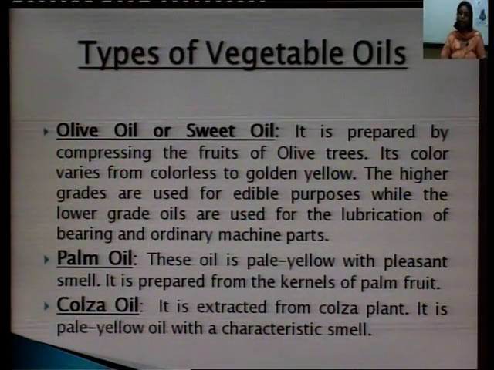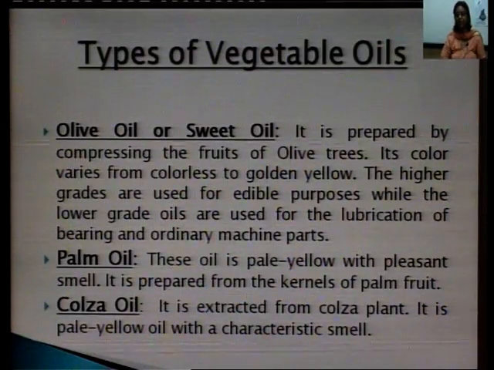Now, the types of vegetable oils which we usually use. First is olive oil or the sweet oil. Now, it is prepared by compressing the fruits of olive trees. Now, its color varies from colorless to golden yellow.